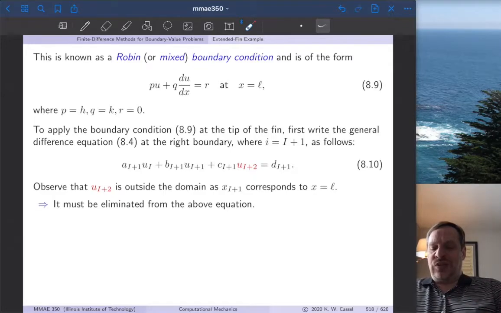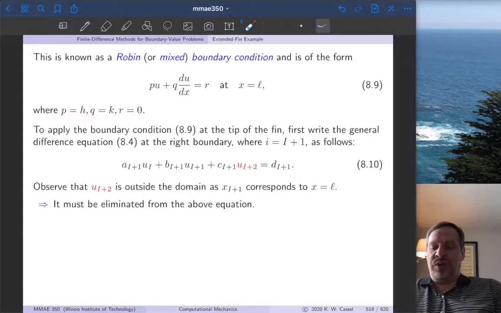In any case, a general Robin boundary condition, which is what we have here, would be P times u plus Q times du/dx is equal to R. In this case, we're applying that at the tip. It could be at the base, or, in our case, at the tip. For the convection condition, P is h, Q is k, and R is 0.